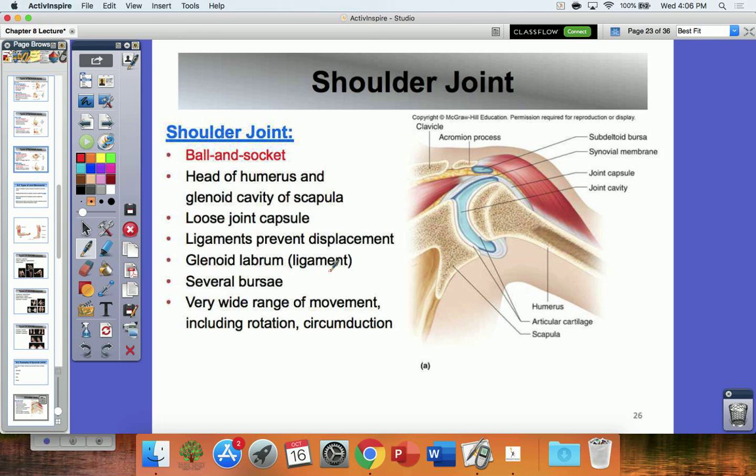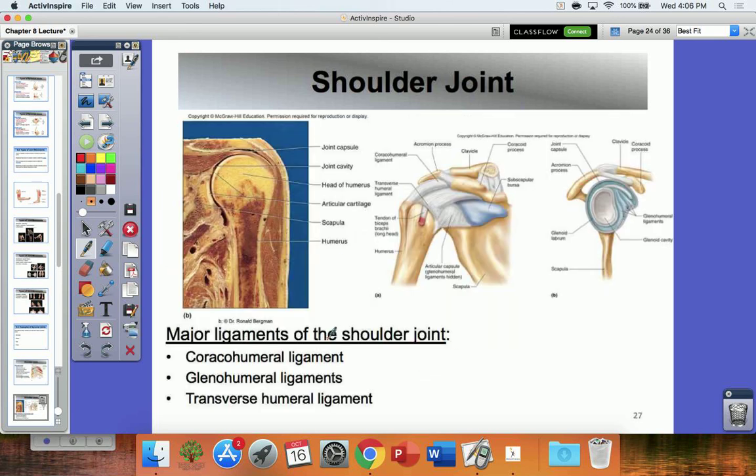And of course, this allows for rotation and circumduction, which is what we were just referring to in the last few slides. Some other ligaments: the coracohumeral ligament. Humeral lets you know that it's near the humerus. Glenohumeral, because of the glenoid cavity and the humerus. And the transverse humeral ligament.